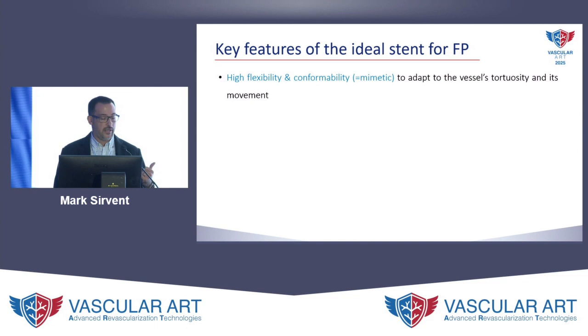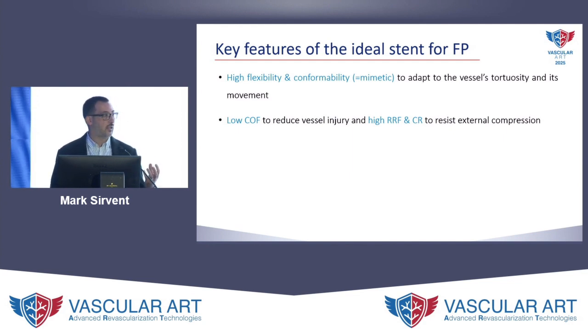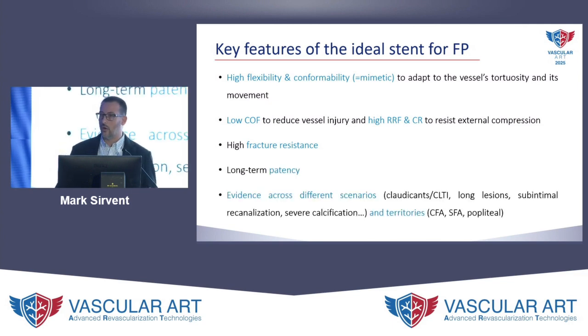It should have high flexibility, like a mimetic stent, to adapt to the vessel's rigidity and its movement, a low COF to reduce vessel injury, and high radial resistive force and crush resistance to resist external compression and avoid stent fracture, and of course good results in all the territories, in all the scenarios.